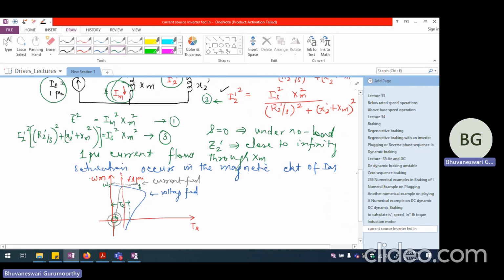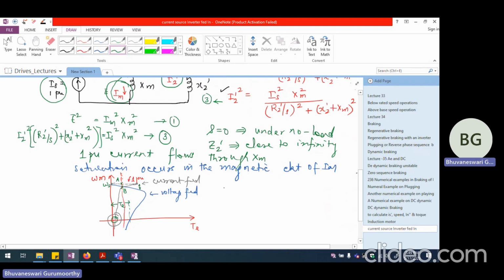I can have either point A, this is point A, or I can have the operating point as point B. So I could have either of the two operating points, A or B.